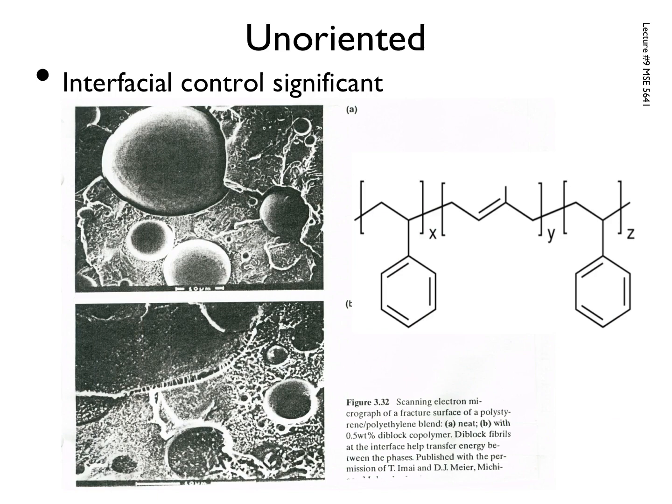And even in these unoriented systems, we also have to worry about this interfacial control. And you might think that polystyrene and rubber, they're both organics, they should mingle well. It's not that easy. This is another example of that, in which we take polyethylene and polystyrene and blend them together.